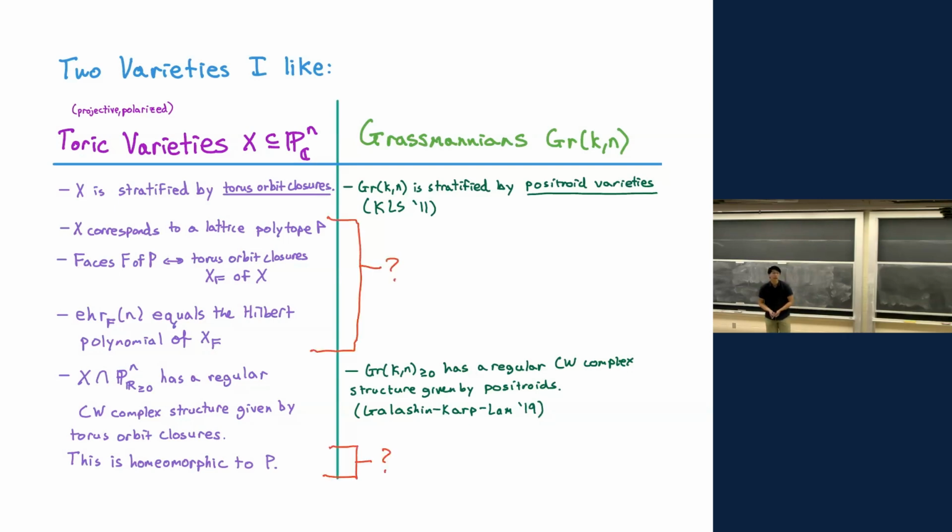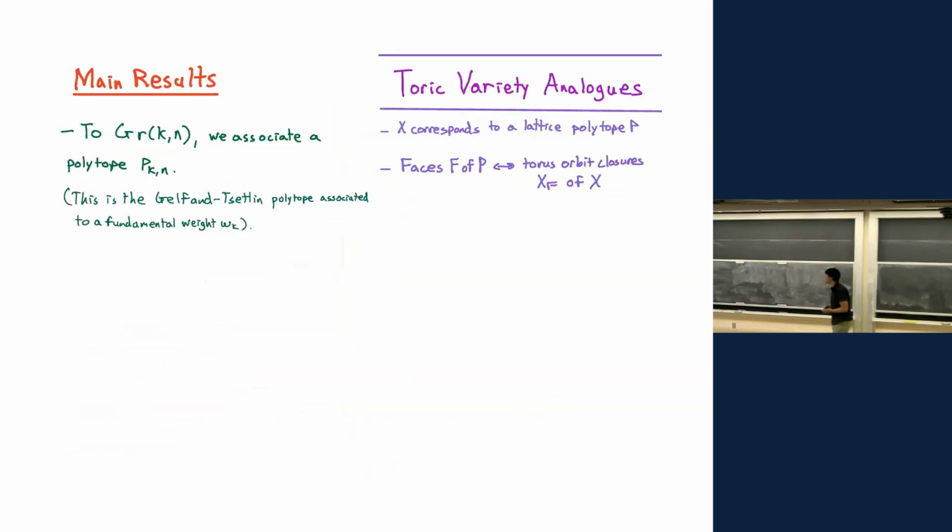Okay, and so the point of this talk is maybe to address the other facts that I selectively picked up. First of all, toric varieties correspond to a lattice polytope P, but if you think naively, maybe you think, okay, I'm going to have a polytope where for every face I get a positroid.